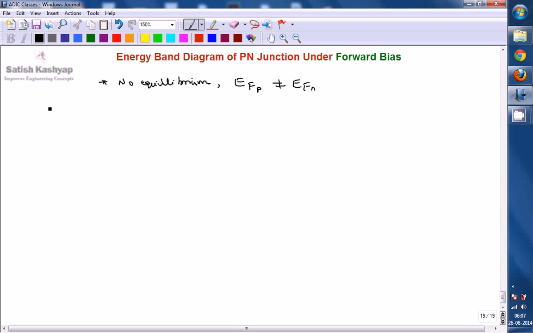Now we know under forward bias, potential barrier reduces. The meaning of potential barrier reduces is that the height of the potential barrier reduces, as well as the width of the potential barrier also reduces.